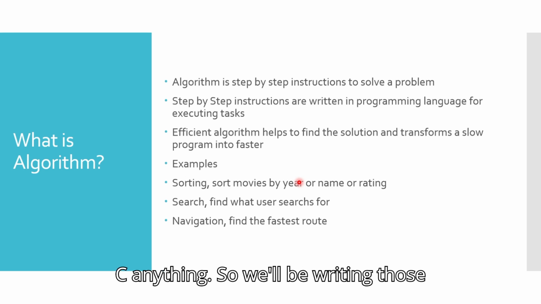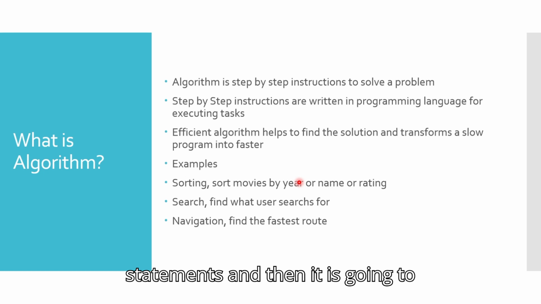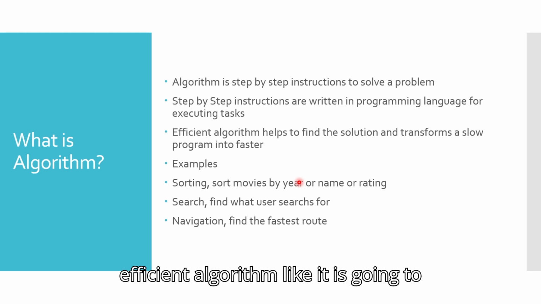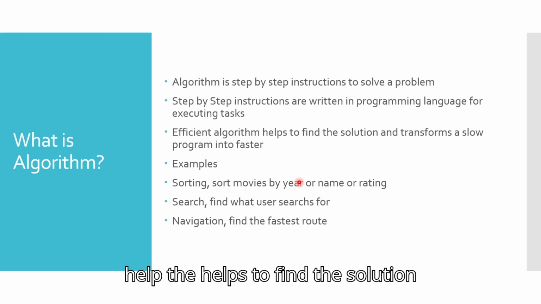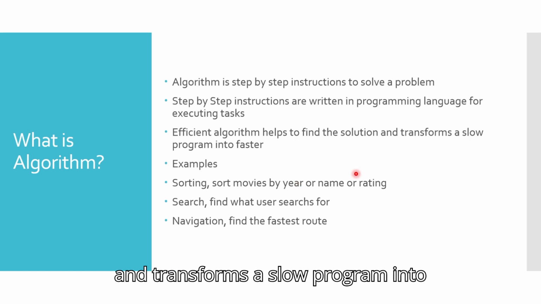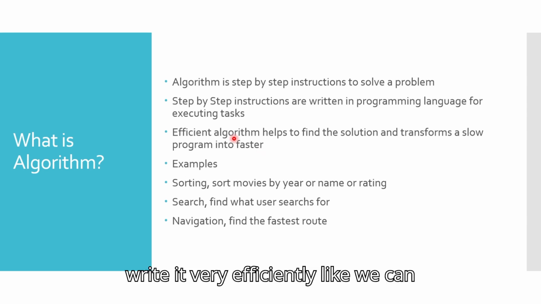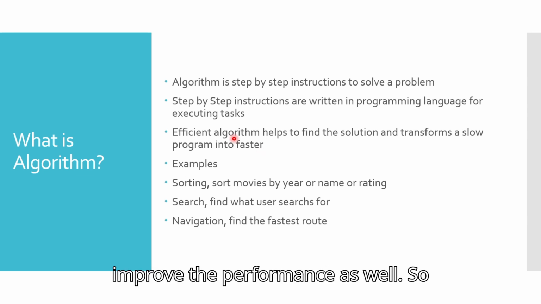We write those statements and then it executes based on them. An efficient algorithm helps to find the solution and transforms a slow program into a faster one. If you write it very efficiently, we can improve the performance as well.